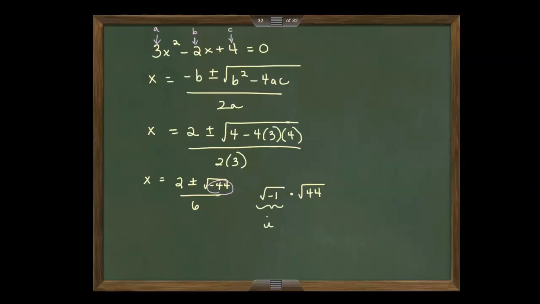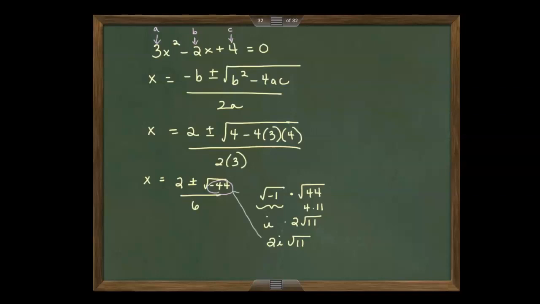So we have i, and then we can simplify. 44 is just 4 times 11, so the square root of 4 is just 2. So we have 2 times the square root of 11. By convention, we put the i behind the 2. So we would write that as 2i times the square root of 11.